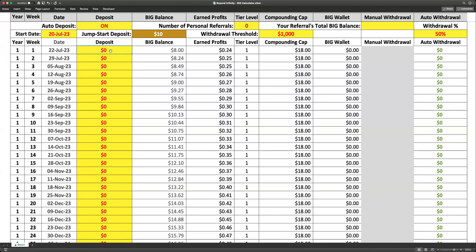We treat it like a deposit, but we don't allow people to deposit like this, because unscrupulous leaders will have people putting in a horrendous amount of money that they shouldn't be putting in because of the 10% match that they earn, and how your referrals total big balance changes everything, gets you to tier 5 faster than anything. And that's the objective, get to tier level 5.